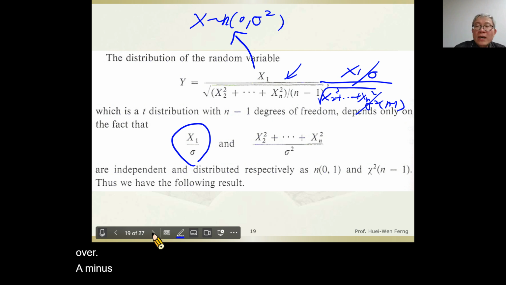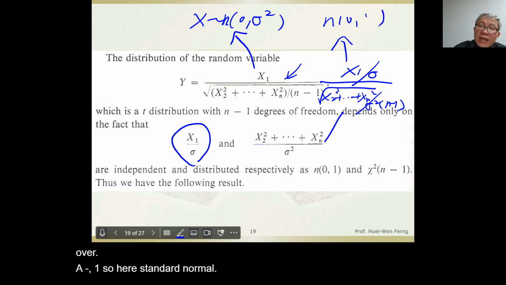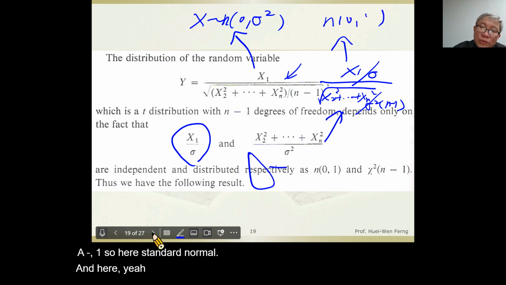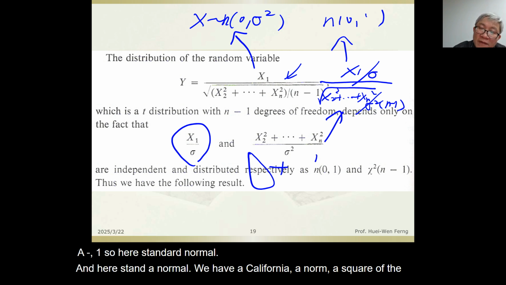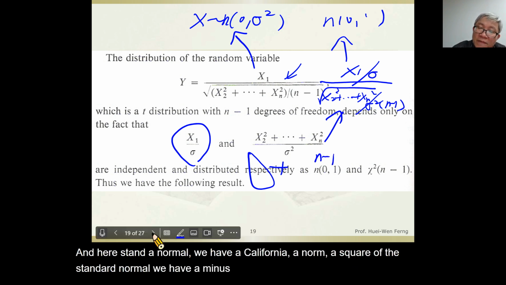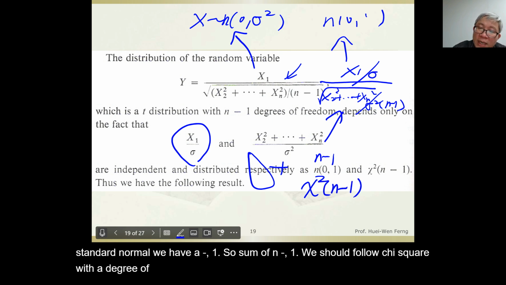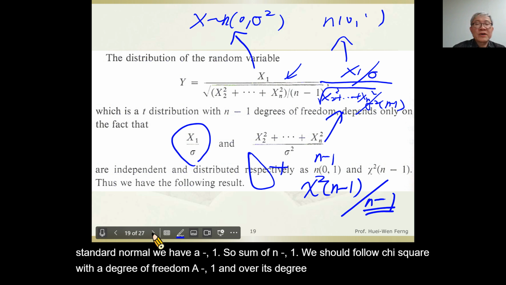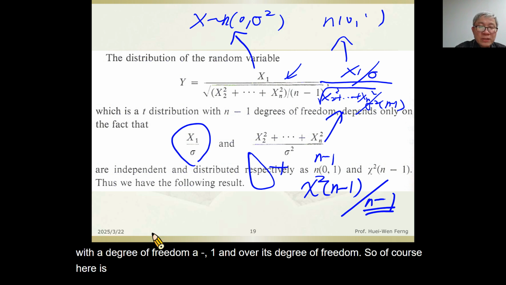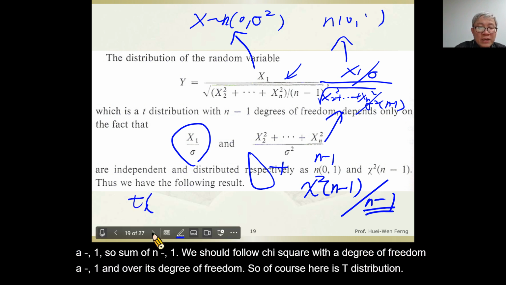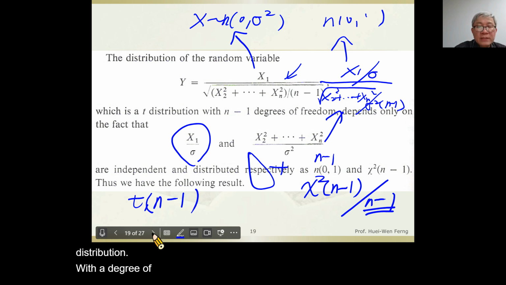Here we have standard normal, and the square of the standard normal, we have n minus 1 of them. So the sum of n minus 1 should follow chi-square with degree of freedom n minus 1. And over its degree of freedom, of course here it is a t distribution with degree of freedom n minus 1. Alright, so this is the possible extension.